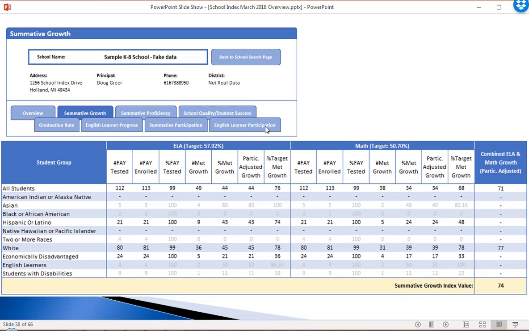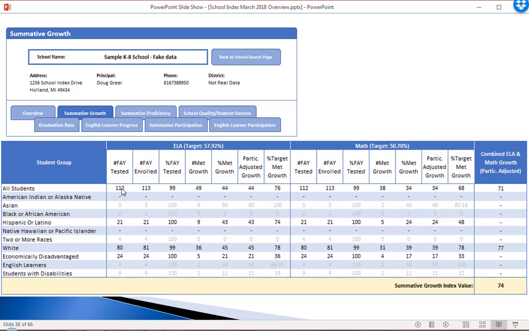So in your school index, when you click on the tab for summative growth, here is our sample K-8 school. And basically, we have this target in ELA that 58% of the kids will make adequate growth, and in math, about 51% will make adequate growth.